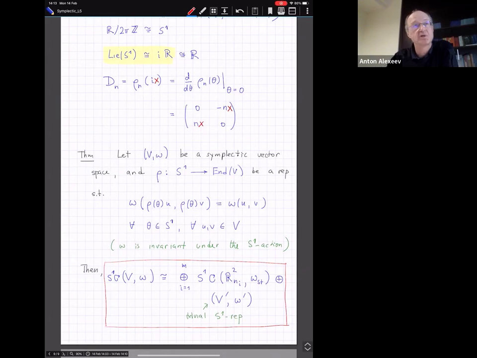Because in a quiver, I didn't formulate it that way, but one should consider paths in a quiver. You can in principle make them into an algebra. So you have some kind of algebra, and it will be a representation of that path algebra.